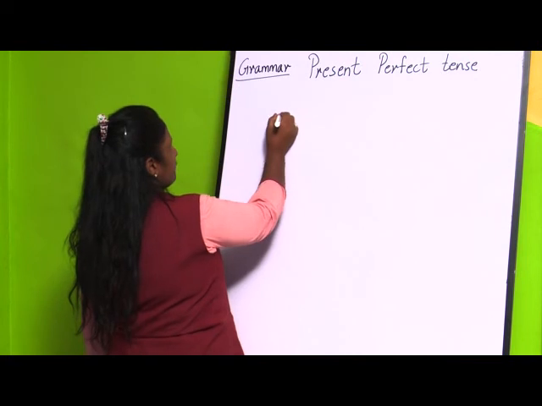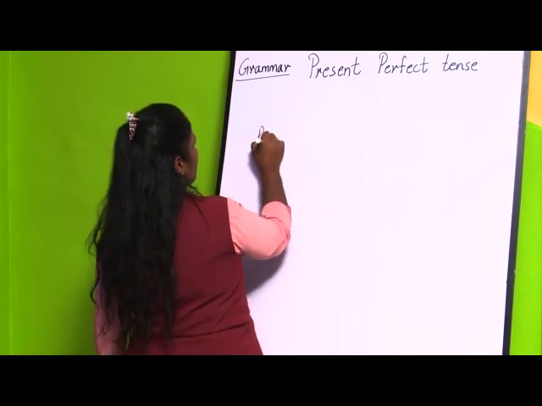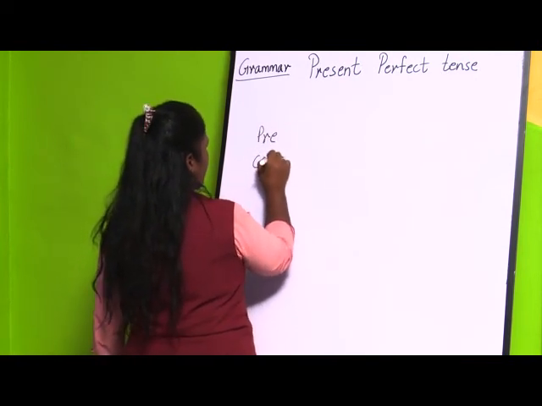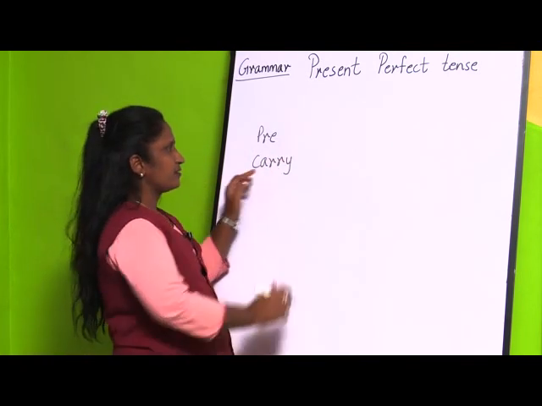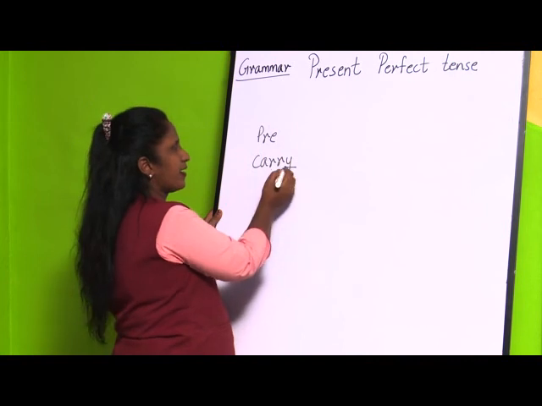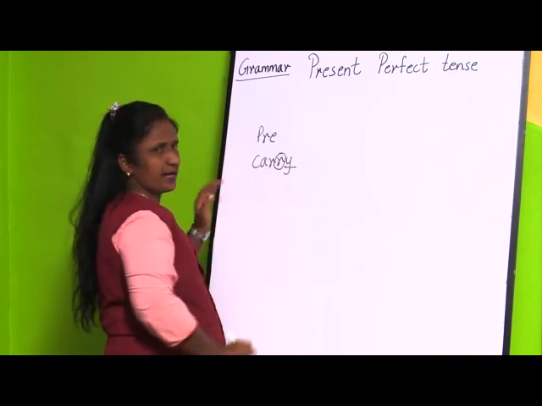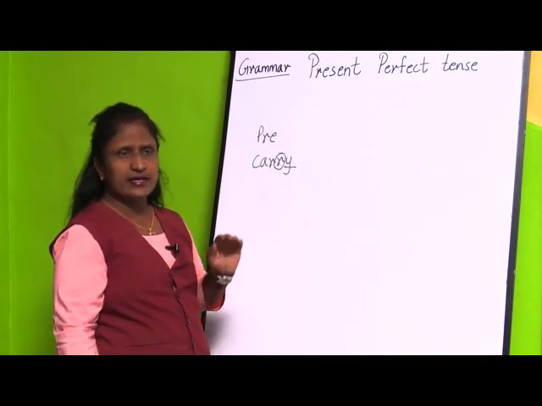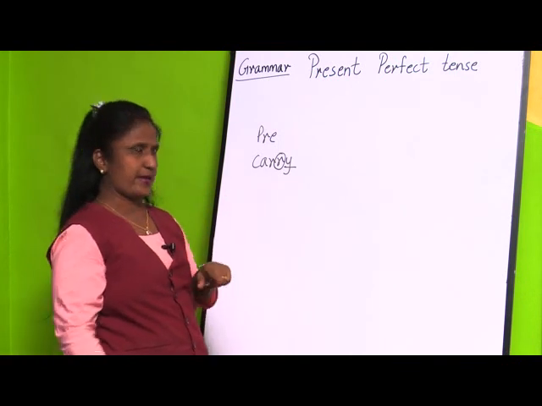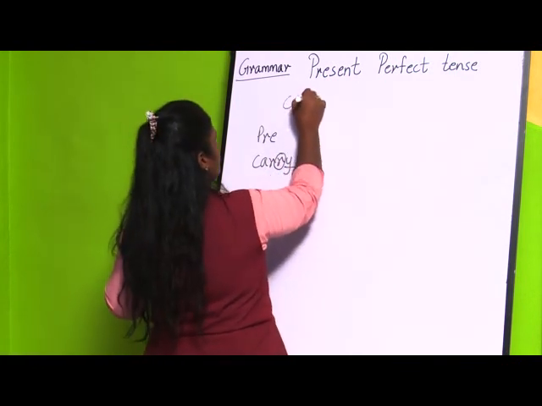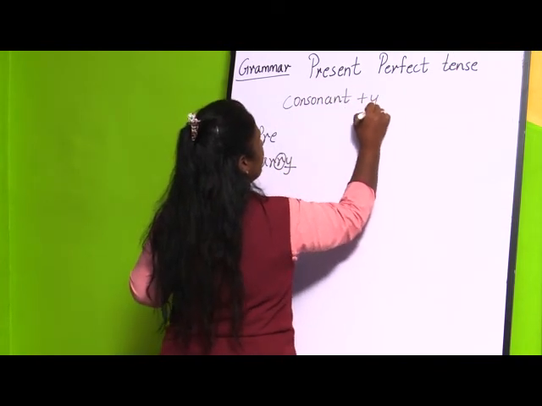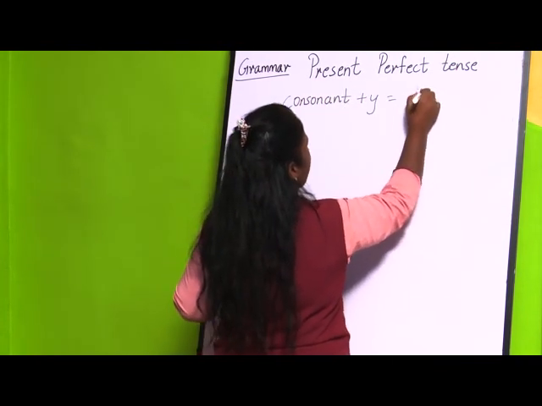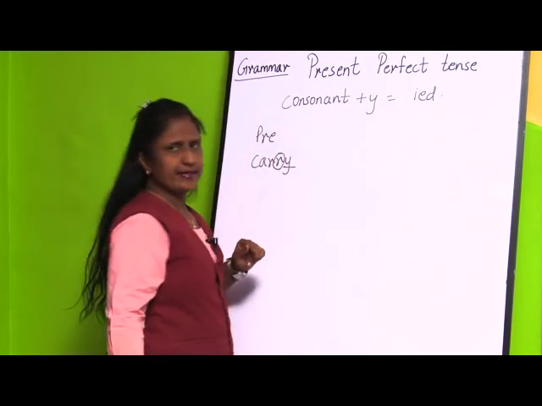For example, if you take the word carry, see, the word is ending with y, and before that there is a consonant. I told you, if the word is ending with a consonant plus y, that time we replace this y and put ied.